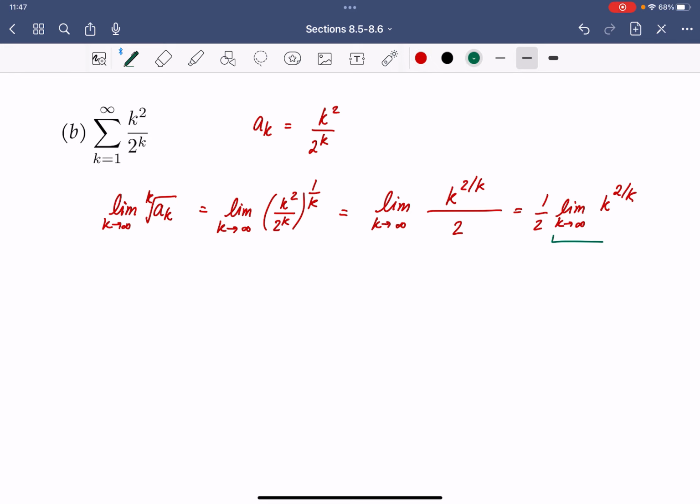This term is infinity to the 0, so we need to apply L'Hopital's rule. So take the log first. Take the log of the limit first, and then swap the limit and log.